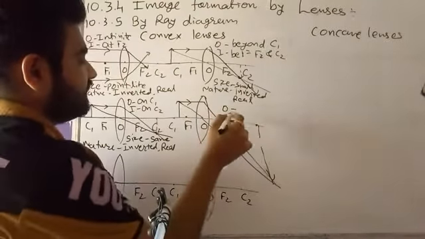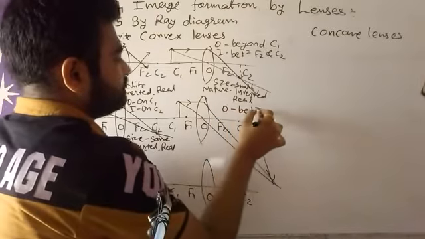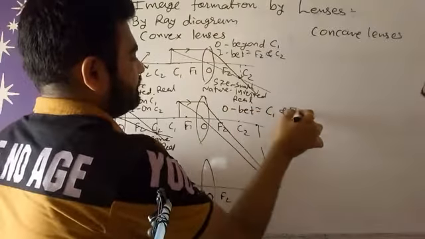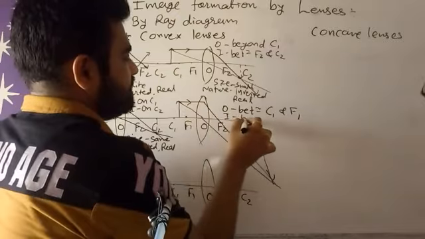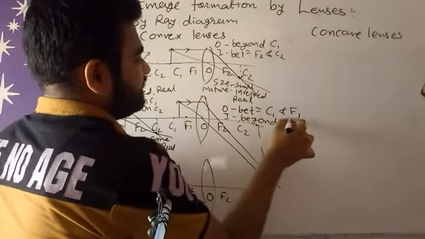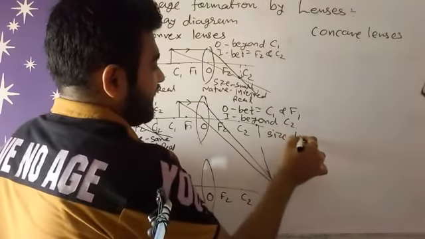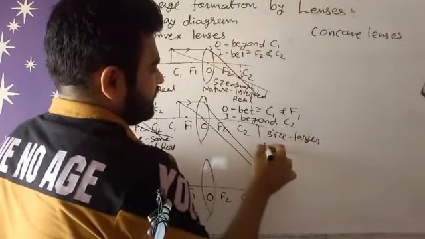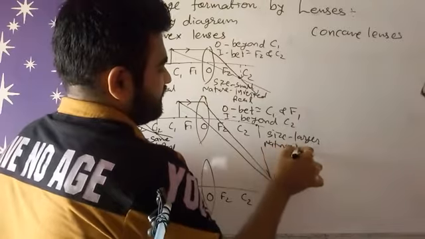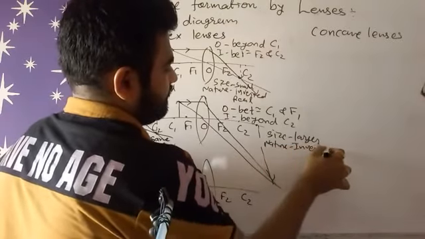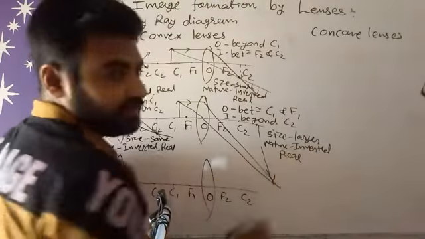So the object is between C1 and F1, and the image is beyond C2. The size of the image is larger, and the nature is inverted and real, right?